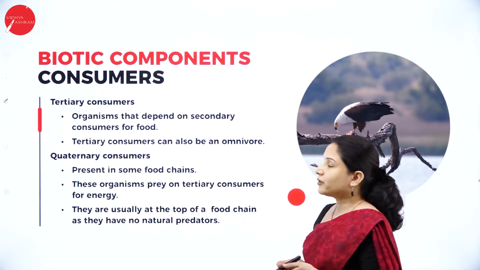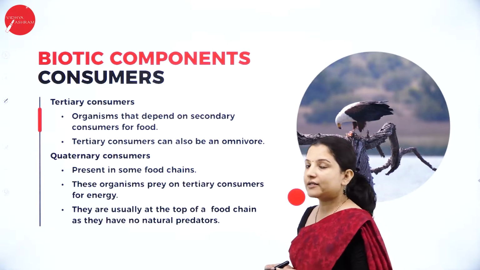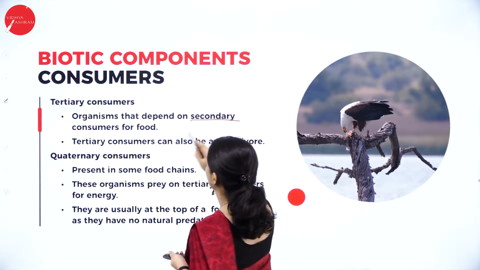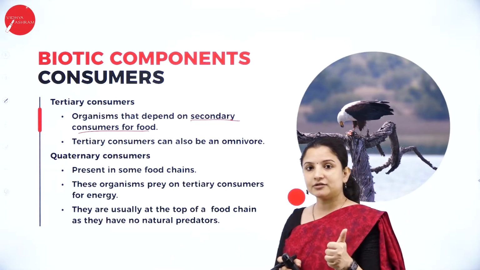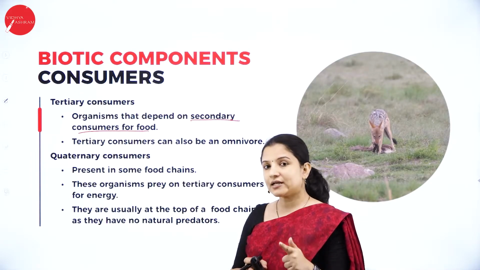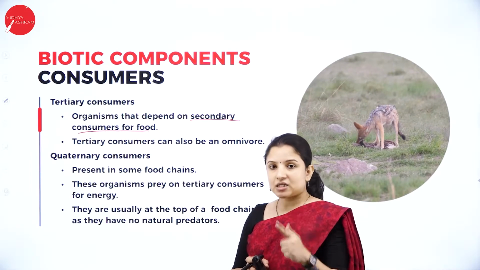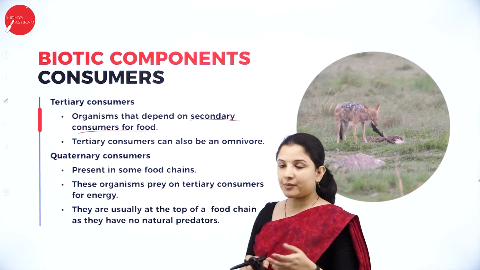So next, talking about tertiary consumers. Tertiary consumers are the organisms that depend on the secondary consumers for food. What were the secondary consumers? The primary consumers were the plant-eating animals, that is the herbivores. The secondary consumers were the meat-eating animals, that is, they can be either carnivorous or omnivorous.